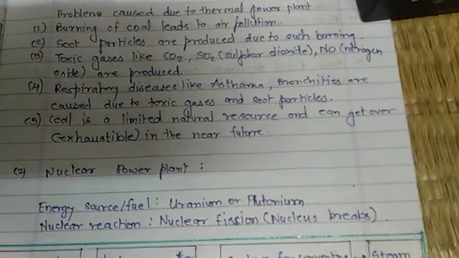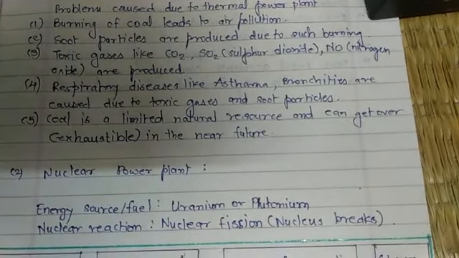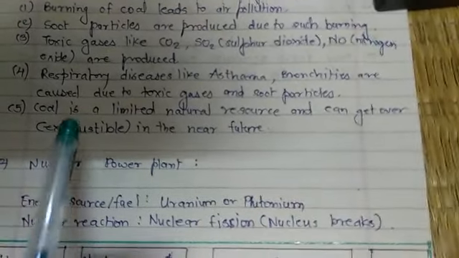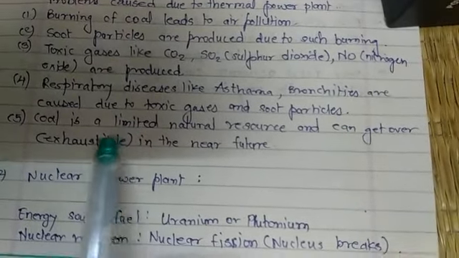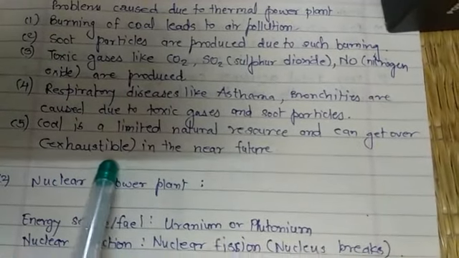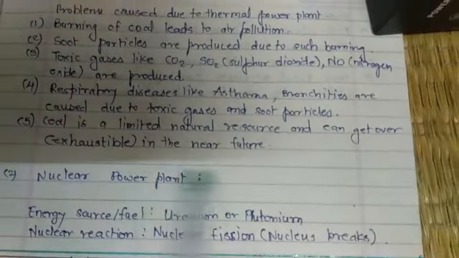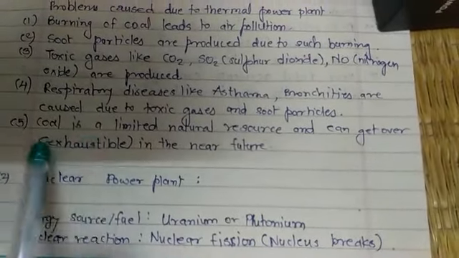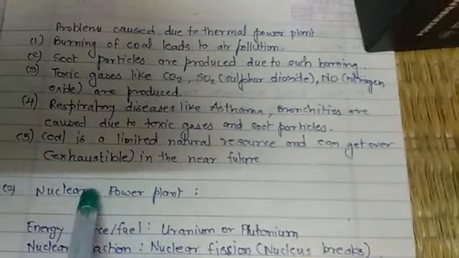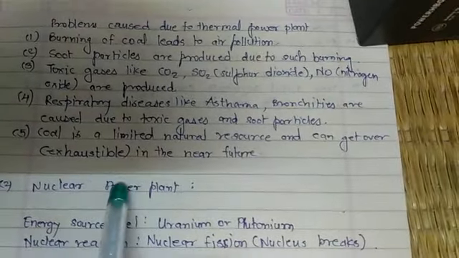Once we inhale these gases, we have respiratory disease. Also, one point is that coal is a limited natural resource and can get over. That is, it is exhaustible. What do you mean by exhaustible? That is, it can get over in the near future, right? Coal being a natural resource is limited, right? So all these are problems, or the drawbacks, of the thermal power plant.